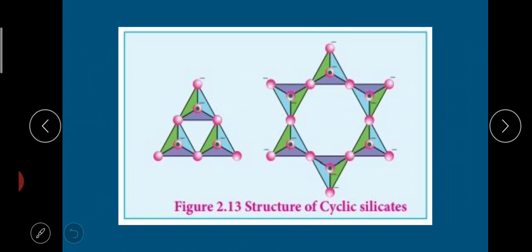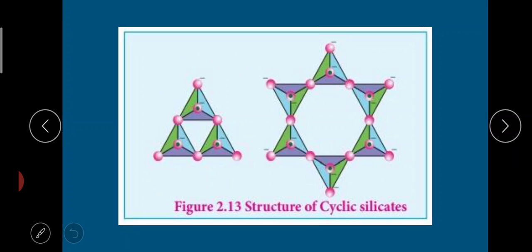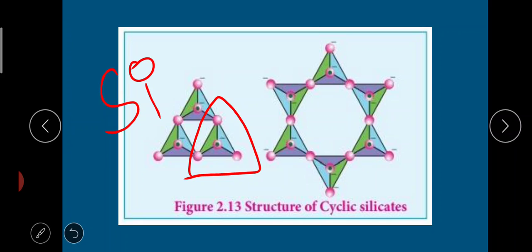Now let us understand with this picture. First look at this picture. With the help of this we'll try to write the formula. If you take this part alone, in the middle it has one silicon, which is green in color, and it is surrounded by how many oxygens?